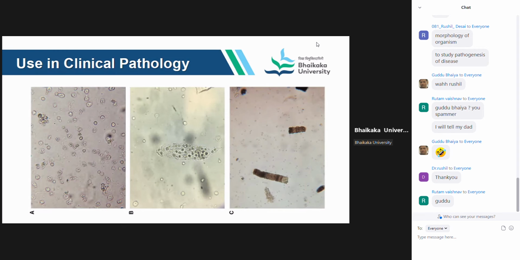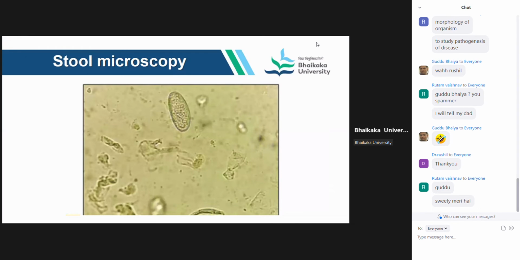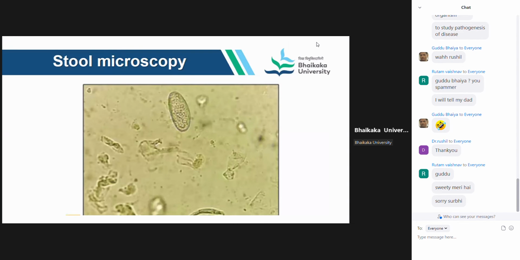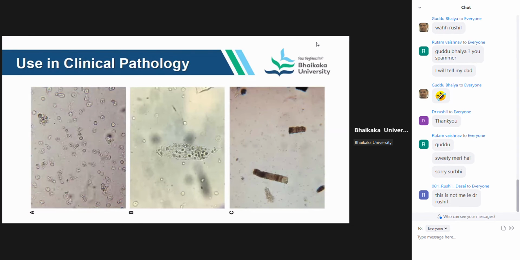Next, you even study another sample in clinical pathology, and that is the stool sample. So stool microscopy can also be done under the same type of microscope. Any of the fluids of the body can be studied microscopically.